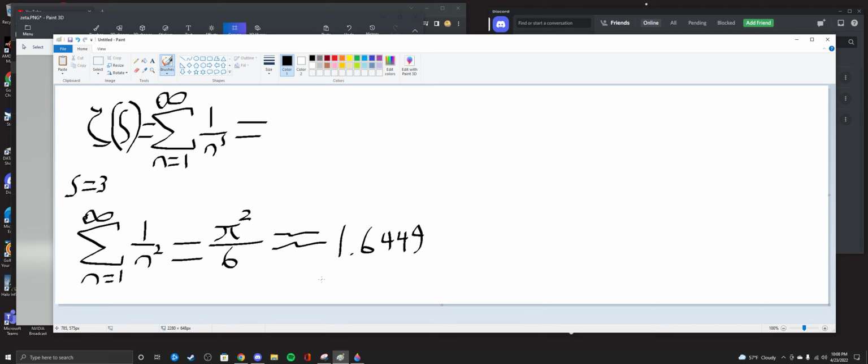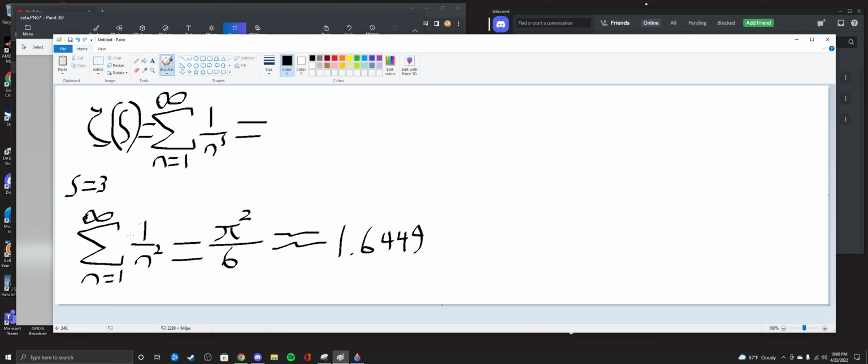And what we do know is that what we're trying to find, zeta of s when s equals 3, the sum of 1 over n cubed, has to be less than the sum of 1 over n squared, because cubing something makes a number larger than squaring it, and if we're dividing by a larger number, we ultimately get smaller decimals.